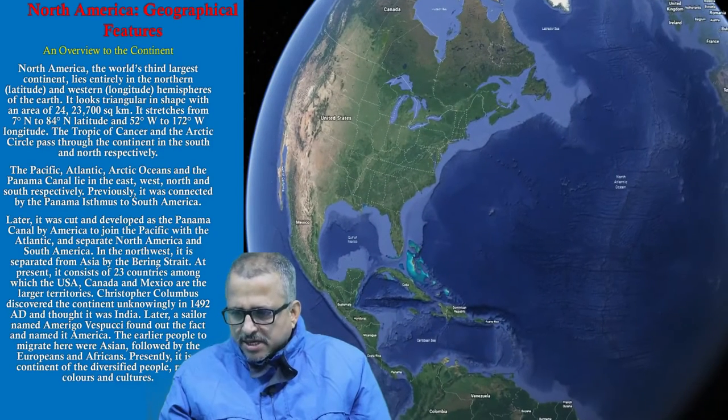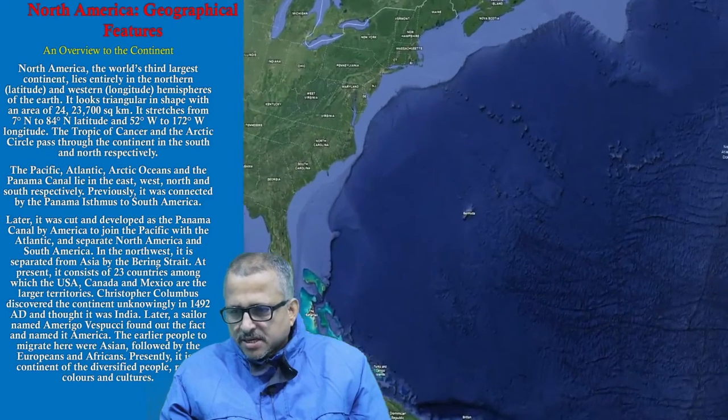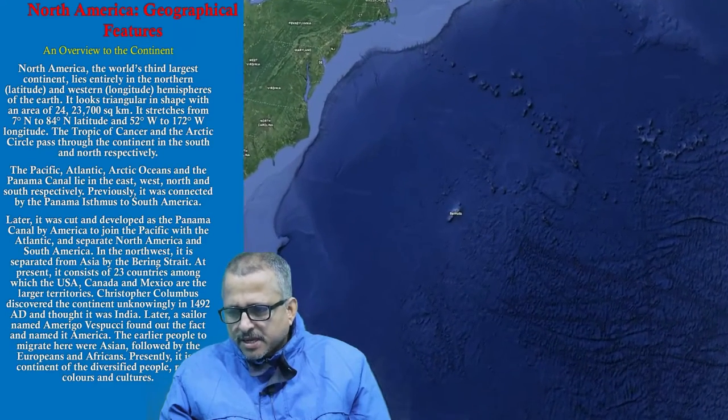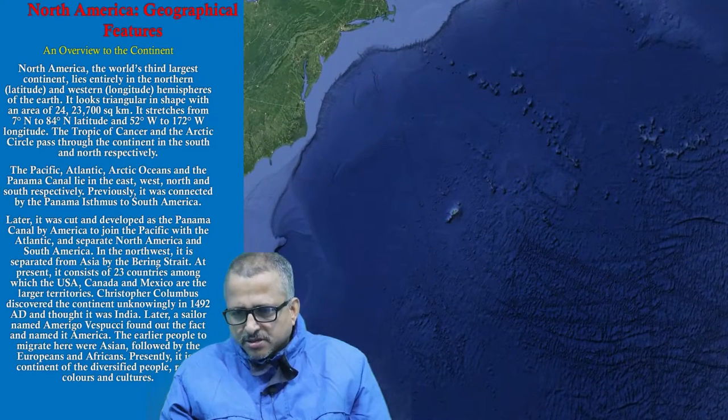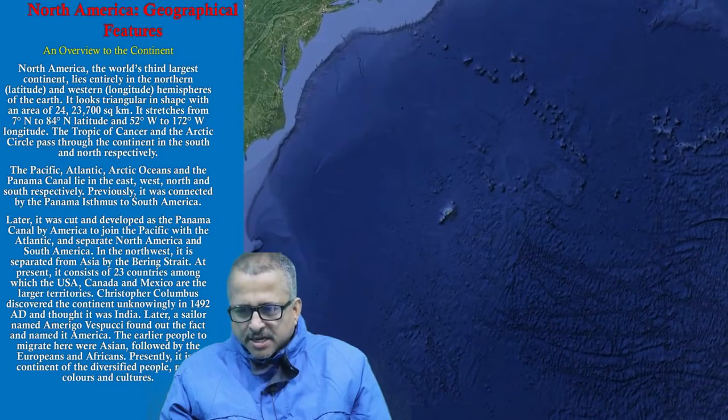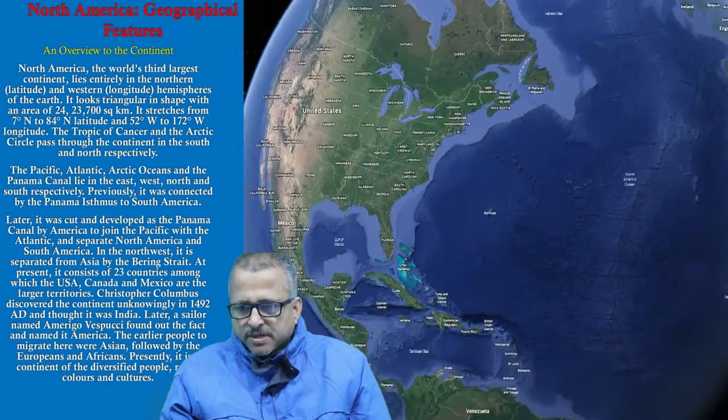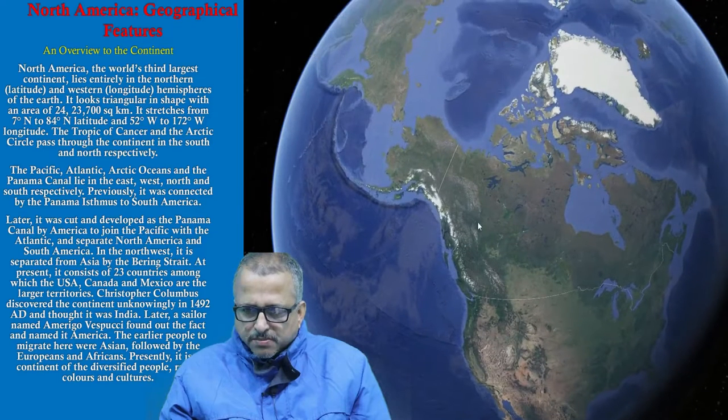From the eastward side, this continent is surrounded by the Atlantic Ocean on its eastern side. And from the western side, there lies the Pacific Ocean, this entire Pacific Ocean. And on its northern side, you could see the Beaufort Sea over here.